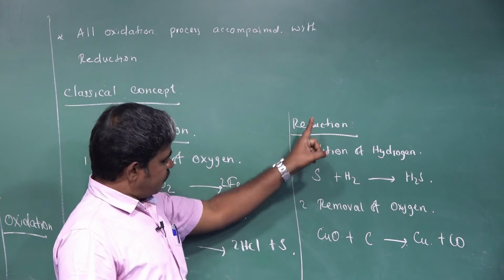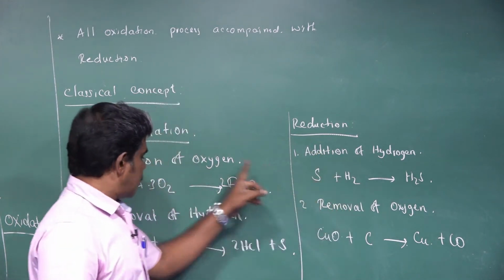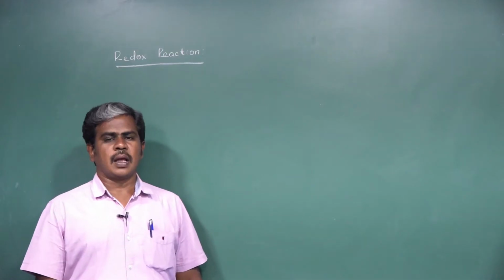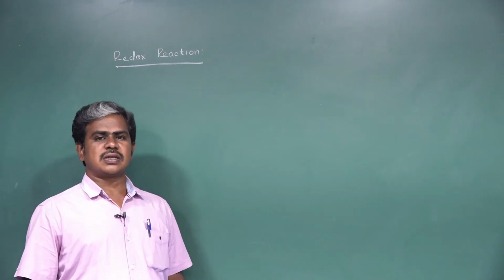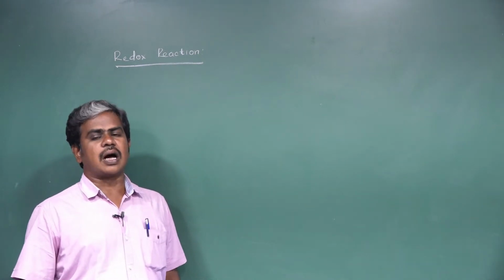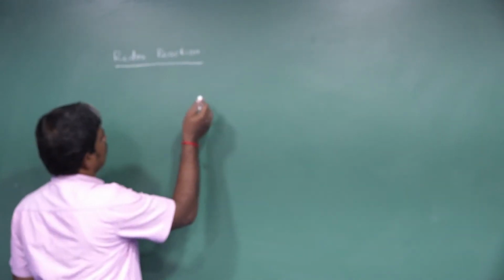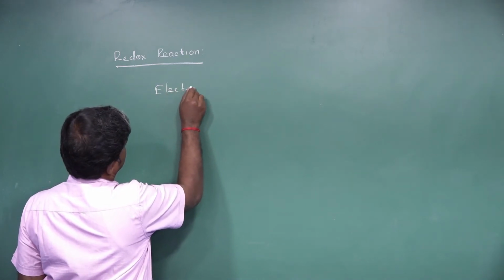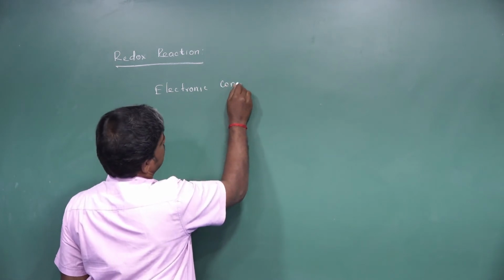If the reduction process is accompanied with oxidation, and the oxidation process is accompanied with reduction, that is a redox reaction. But a redox reaction is not always accompanied with oxygen and hydrogen. So, we take the electronic concepts of oxidation and reduction.